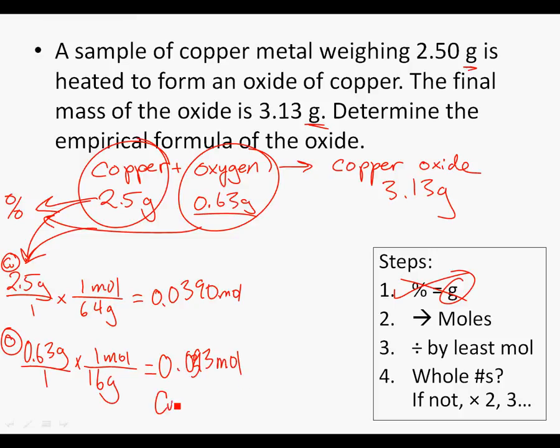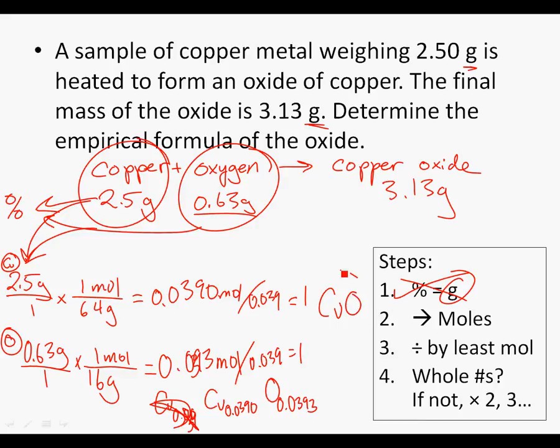The formula of this thing is Cu 0.0390, O 0.0393. Guess what? It's just CuO. You take both those numbers, you divide by 0.039, you get 1 and 1. So the formula is just CuO. That's it. Hope you got something out of watching this video.